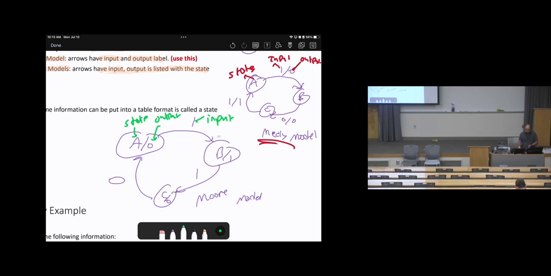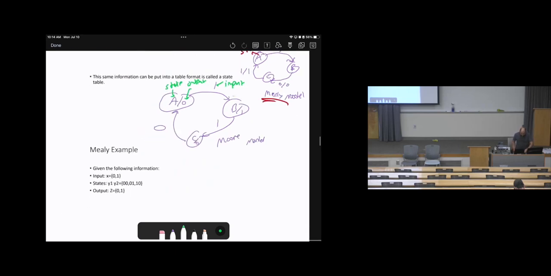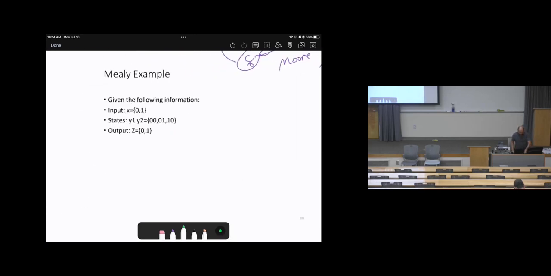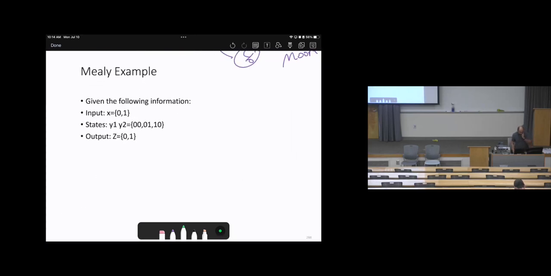So whenever you look at this diagram, you need to distinguish whether it is written in the Mealy model or the Moore model. Let's go to the first one, the Mealy model, and see an example with it. Assuming this is the first model.